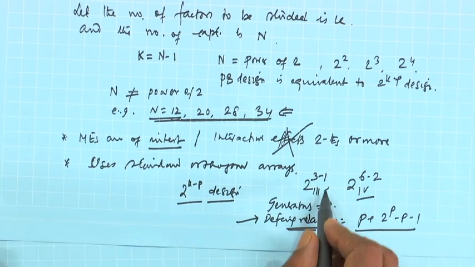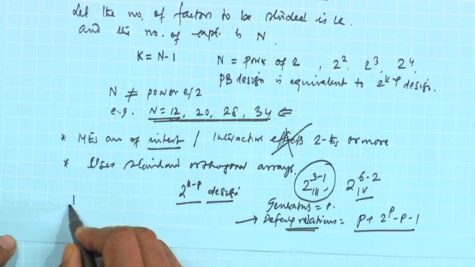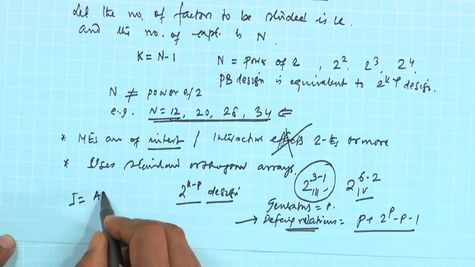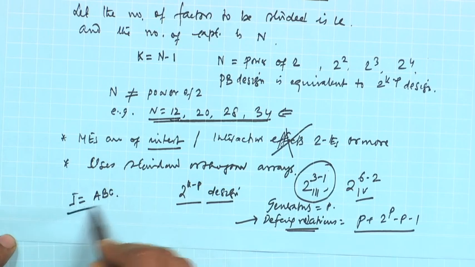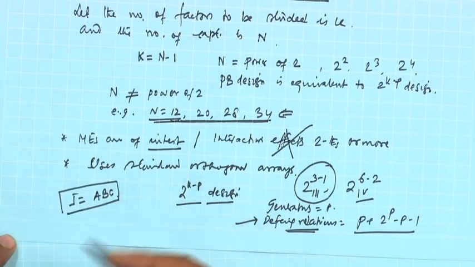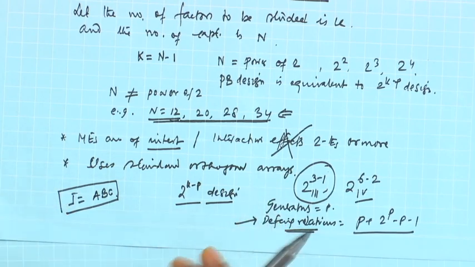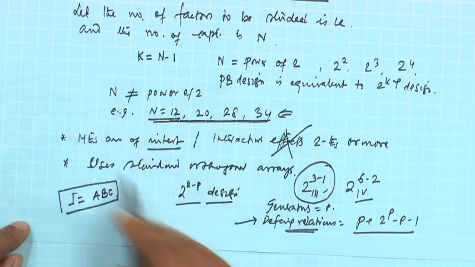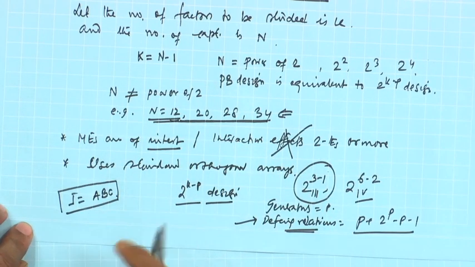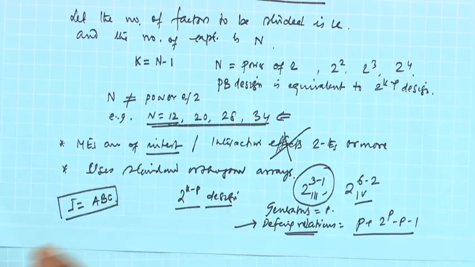That means, if I use the 2 to the power 3 minus 1 design, then you have seen earlier the defining relation I equal to ABC, and you know how to obtain the 2 to the power 3 minus 1 design and conduct the experiments. But in the PB case, these defining relations are not known.